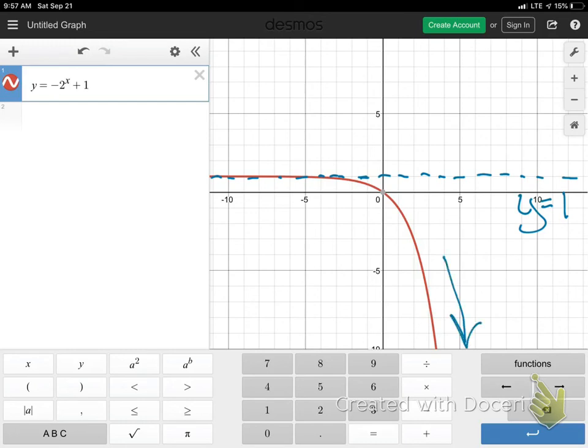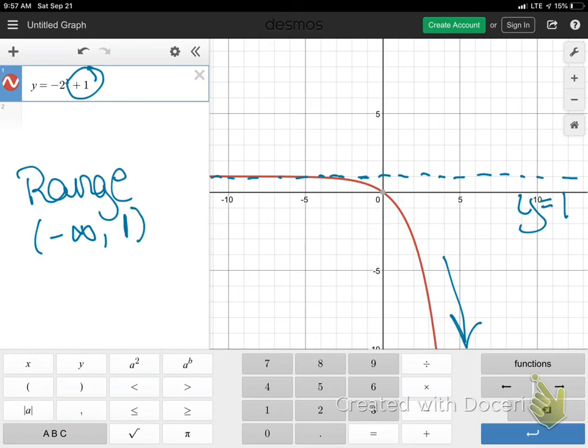On our parent function, we stopped when we hit that asymptote, and the same is true here: we stop once we approach that asymptote, and we hit that asymptote at y equals 1 because of our vertical movement, which is the +1. So I've got negative infinity to 1, and 1 is not included. So that is the range of this function.